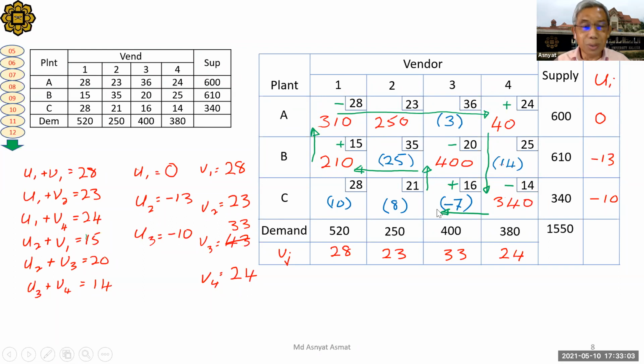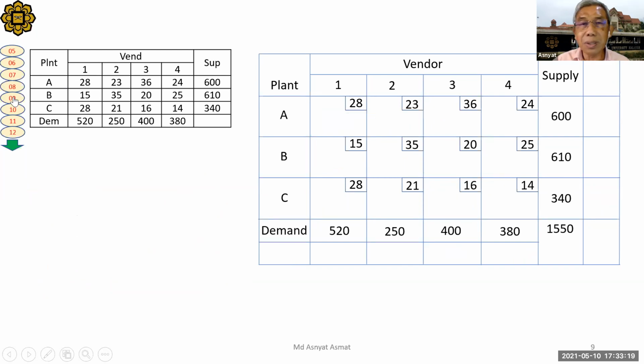Okay, so the first 310 will disappear. So let's start from the bottom here. This cell C3 will be 310. You write in your new tableau. C3 here, 310.